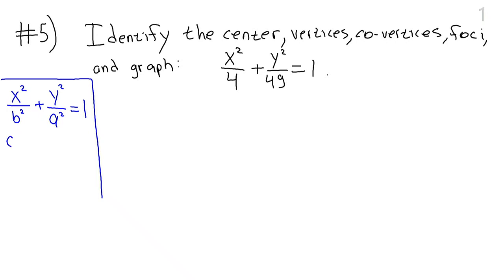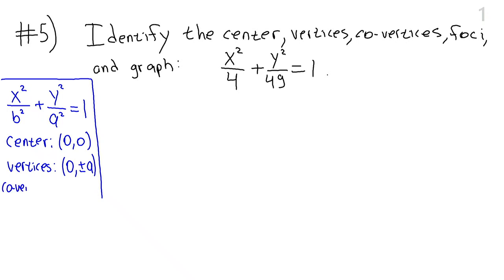That is going to determine which one of the two types of ellipses this is. So for this ellipse, from our reference sheet, we can gather that the center is at the origin. We can also gather that the vertices are going to be at 0, plus minus a.